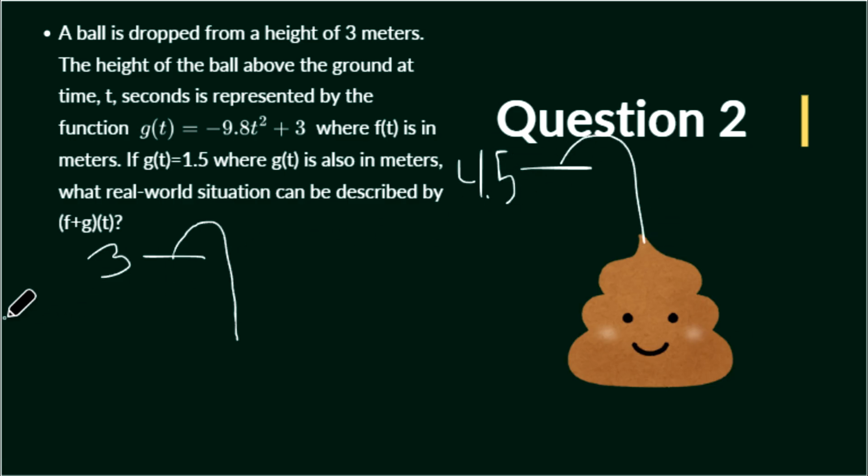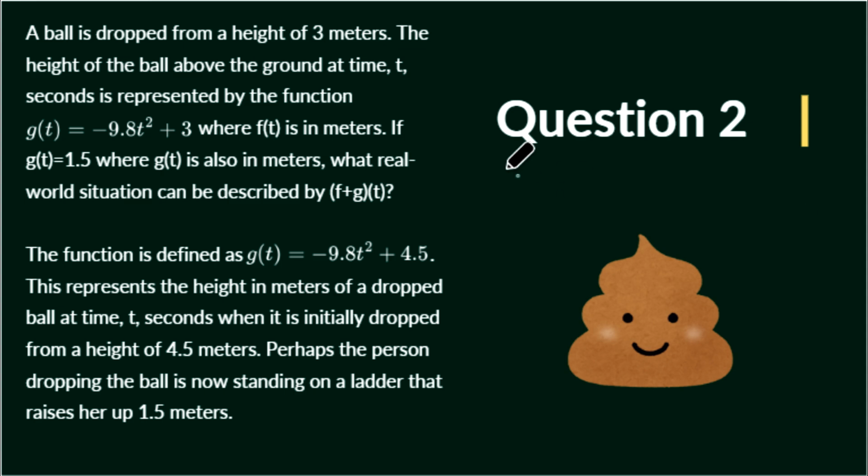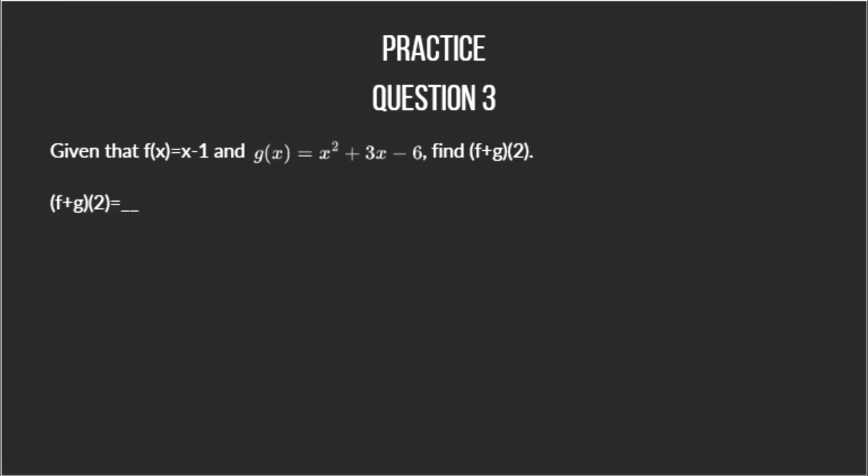This is one that could have multiple correct answers, and there's nothing like this on the end. So don't stress. It means that the ball is dropped from 4.5 meters instead of 3. So perhaps the person is now standing on a ladder that raised them up 1.5 meters. That's just one possible answer.